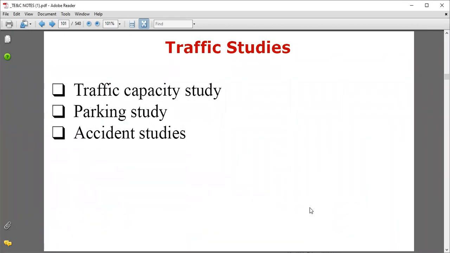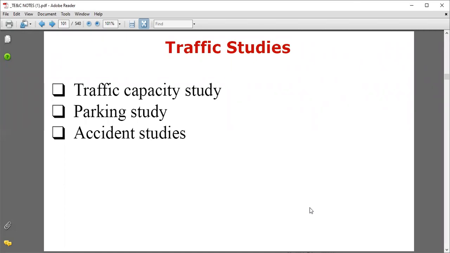In traffic studies, there are three most important points. One is the traffic capacity, which will be collected from the road only. Second one is the parking study, meaning some of the vehicles are moving on the roads, and some of the vehicles are stopping at the parking side, which is at the near side of the road.